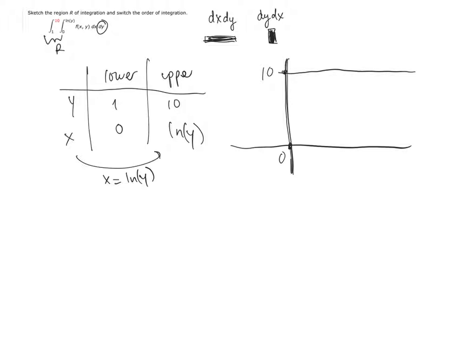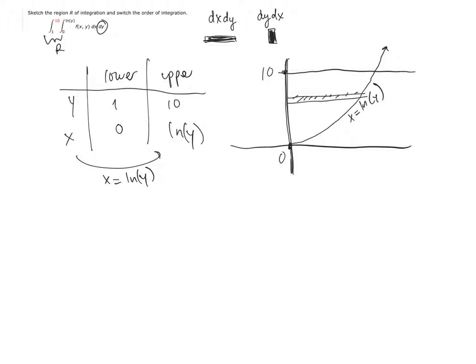The lower bound for x is 0, and then the upper bound is the equation x equals natural log of y. So it'll be something like this. This is x equals natural log of y, and you have a horizontal rectangle. Okay, so now this is your picture, and they asked you to switch the order of integration.